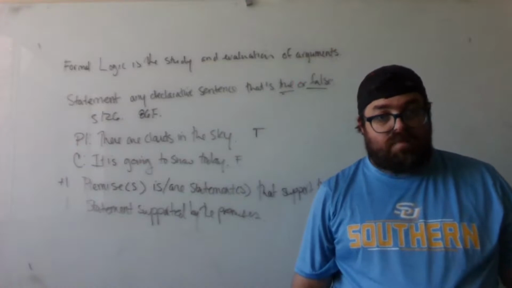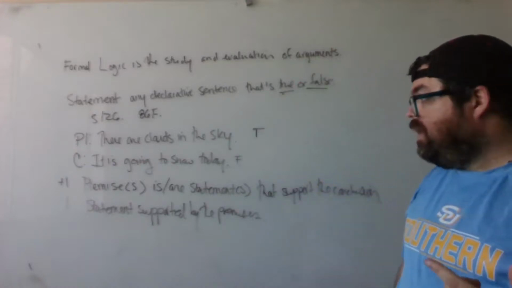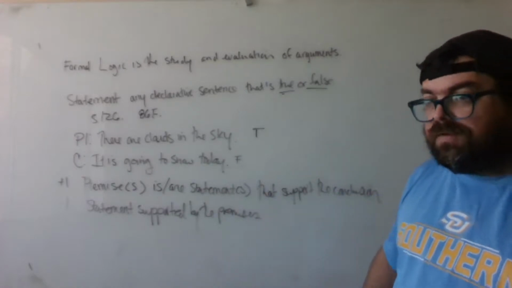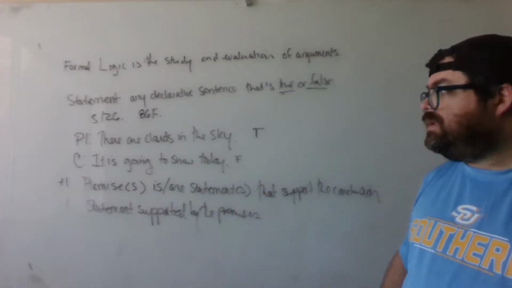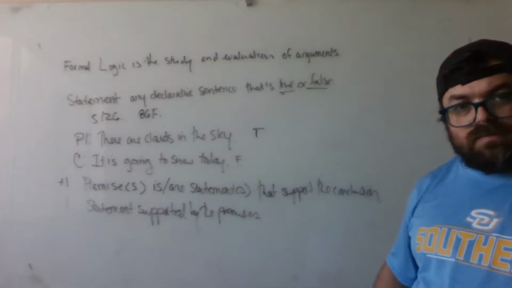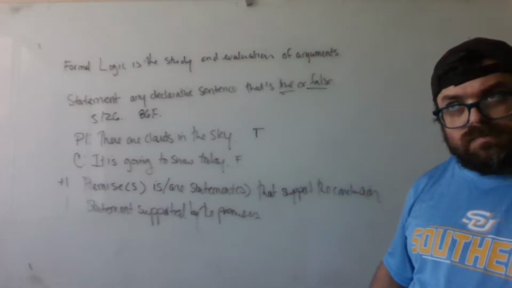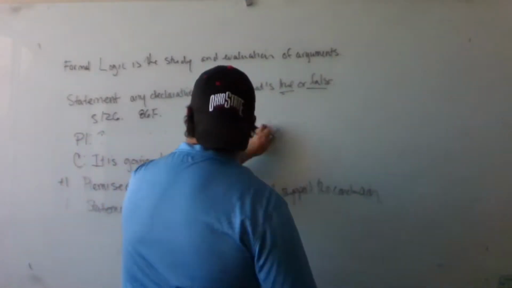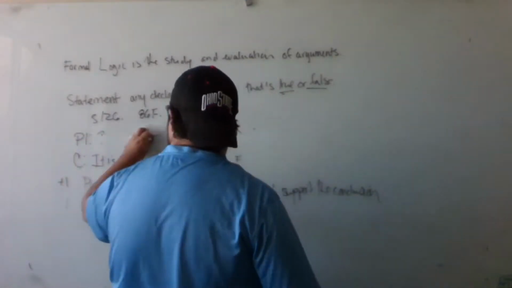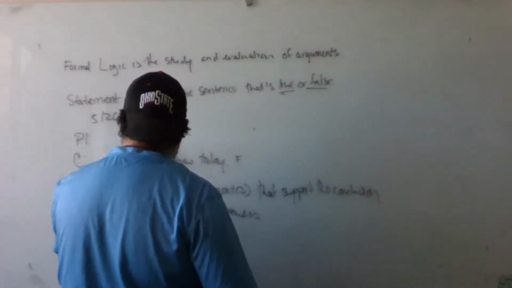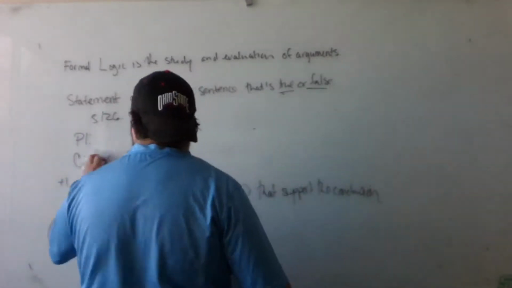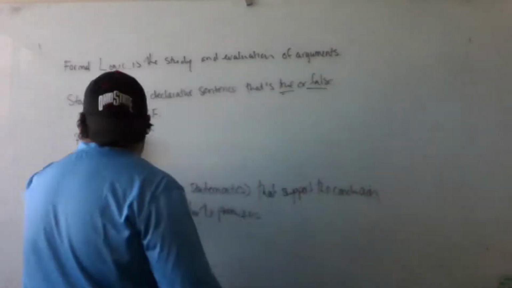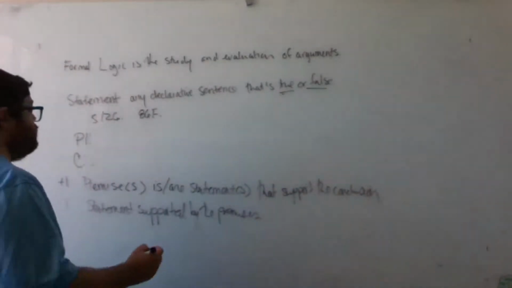So let's take a look at perhaps a better argument than this one, but we'll keep this here, right? Let me think of an idea here. Okay. So here's an argument. Let's stick with the weather.